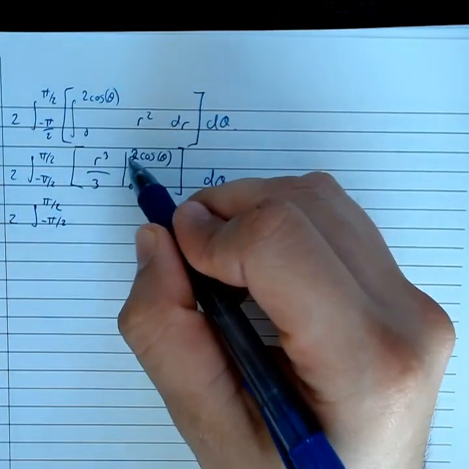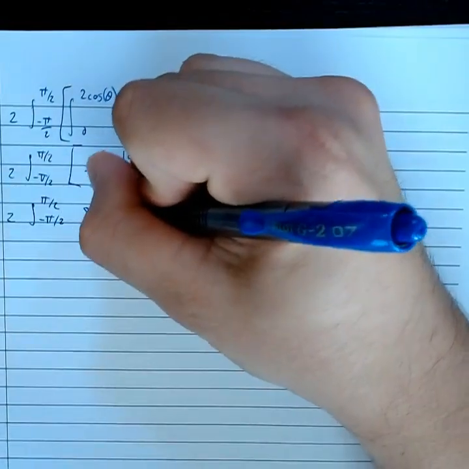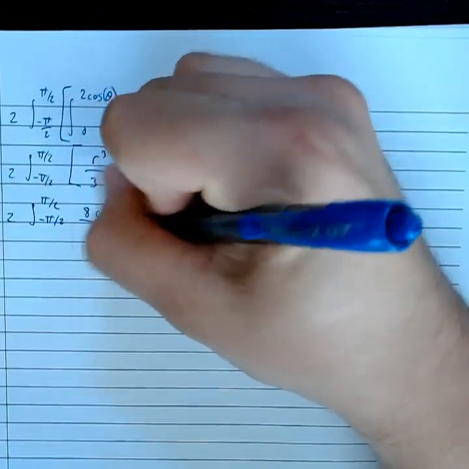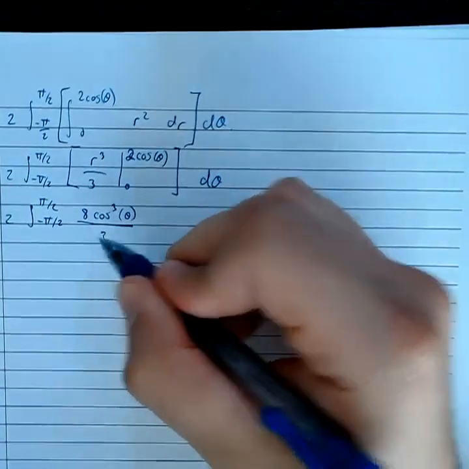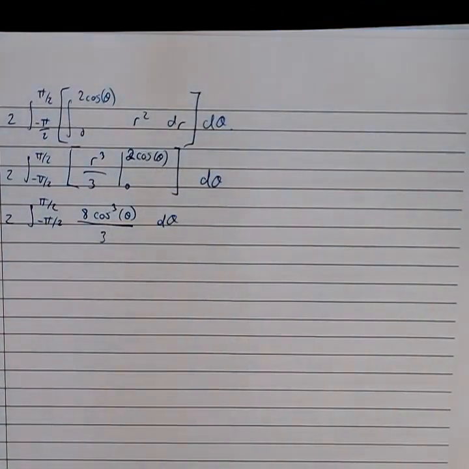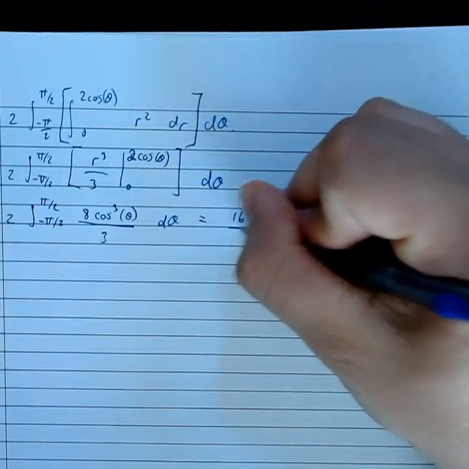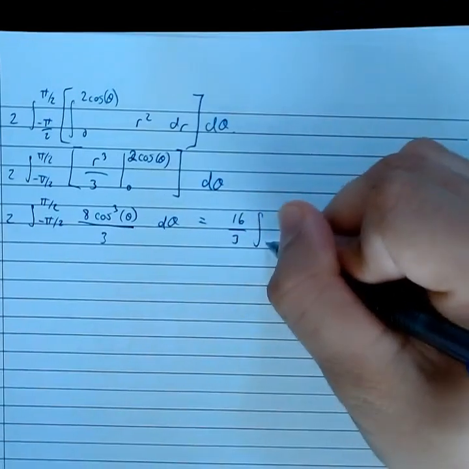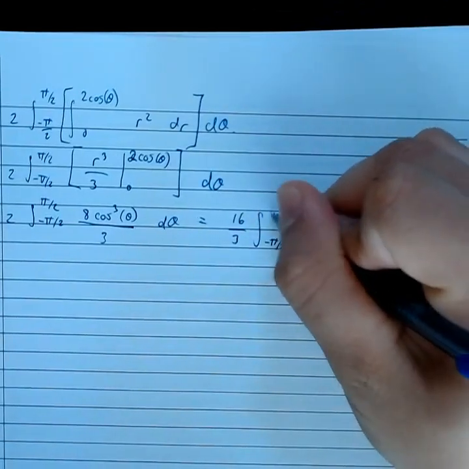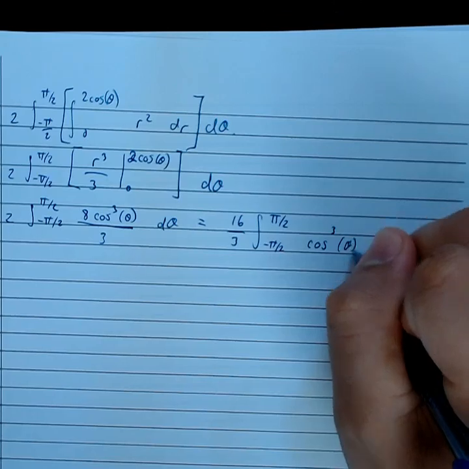If I cube this, that's going to give me 8 cosine cubed of theta over 3, that's just a constant, d theta. We can take that 8 thirds and factor that out. So that's going to be 16 thirds times the integral from negative pi over 2 to positive pi over 2 of cosine cubed of theta d theta.